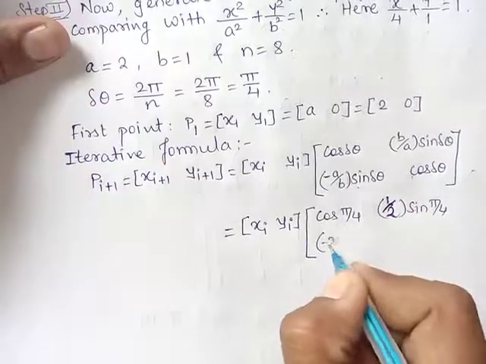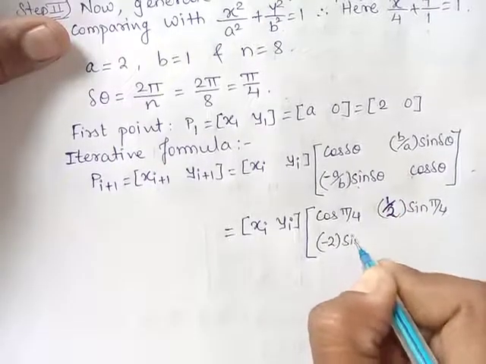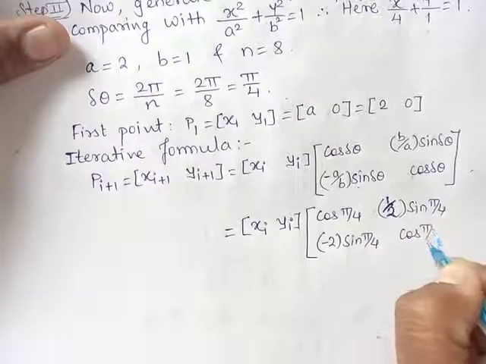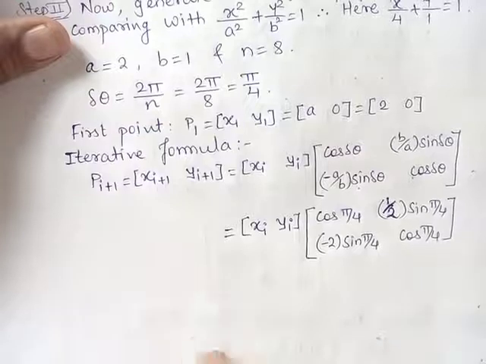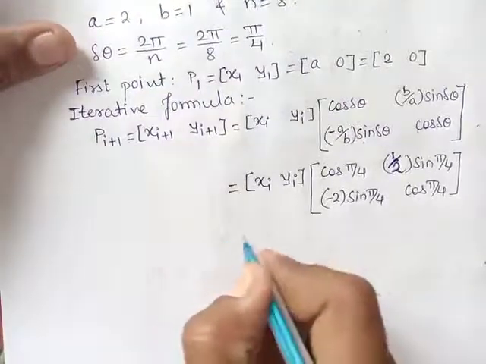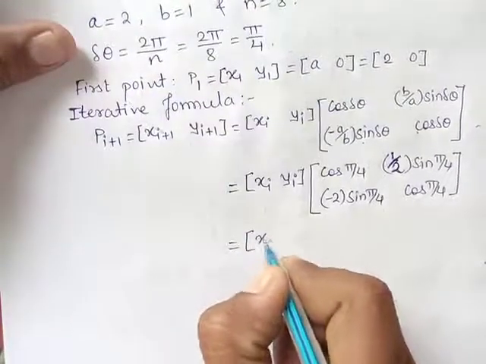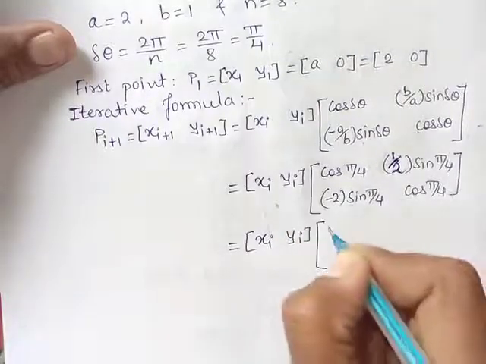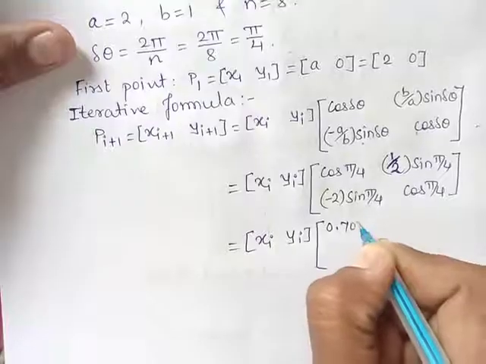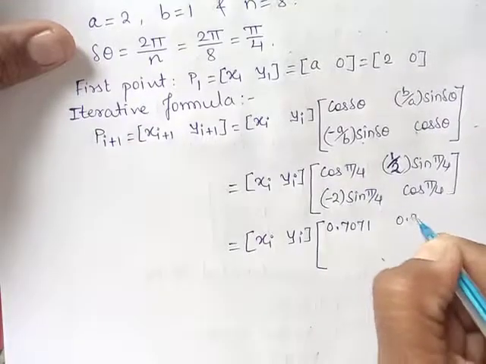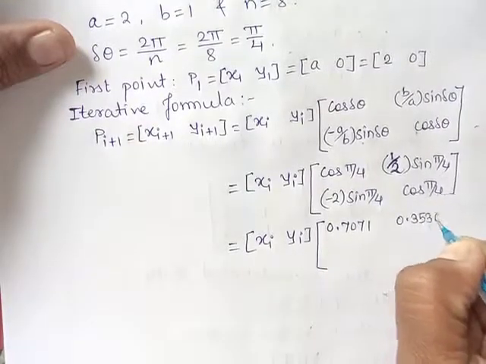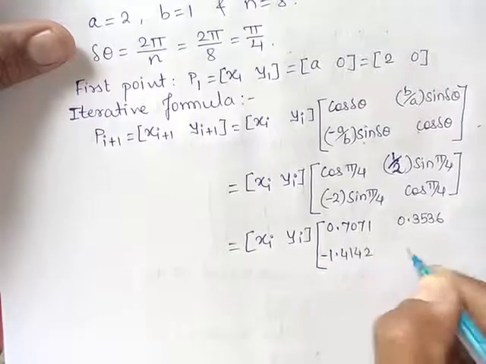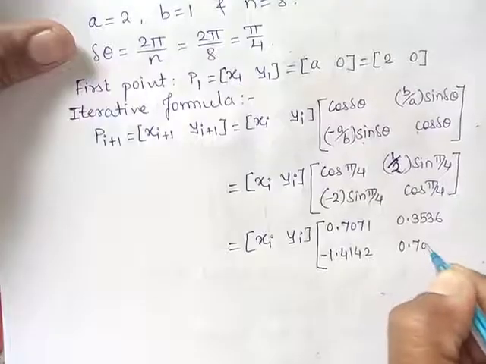Here minus 2 sin pi by 4, cos of pi by 4. Okay, that is xi yi into what? 0.7071, 0.3536. This is minus 1.4142. This is 0.7071.